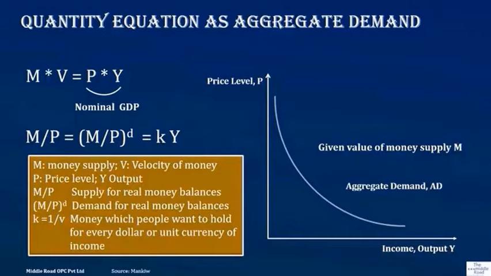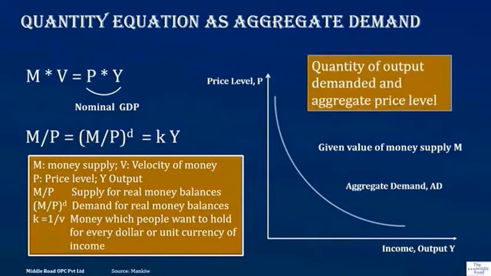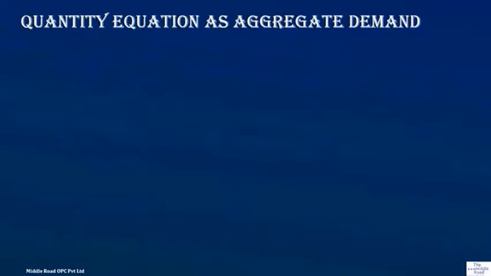Whenever we are talking about this, we see that the aggregate demand is inversely proportional to the price level. For real money balances, the demand depends on the inflation rate which I talked about, the nominal interest rate, basically the interest rates you will be getting in banks, and Y is the output.